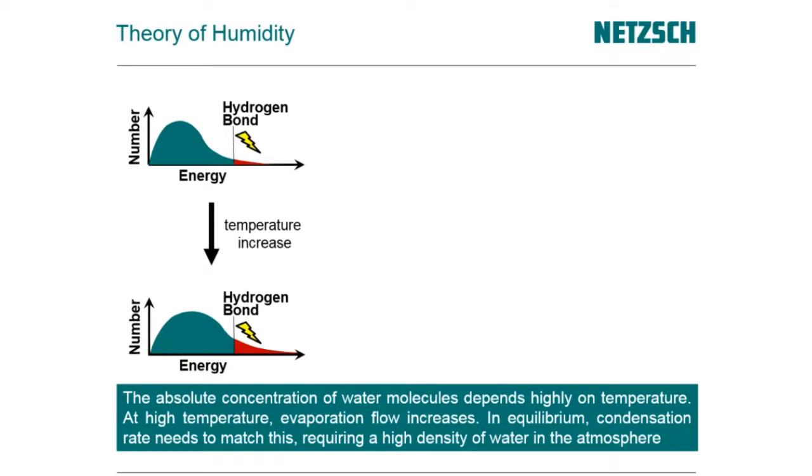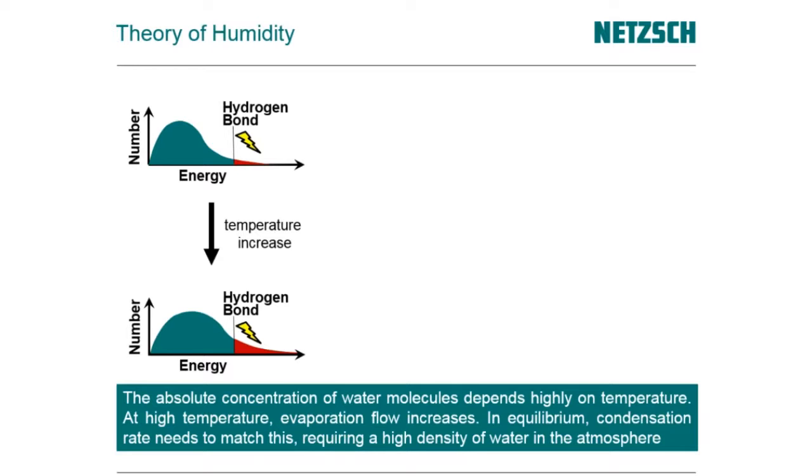All the molecules have different energies, and if we increase the temperature, the energy of the molecules will also increase. So the Maxwell-Boltzmann distribution will just change its shape. And as we start at higher temperature, more molecules exceed the energy limit of the hydrogen bond, which just means more molecules can leave the liquid state and evaporate.